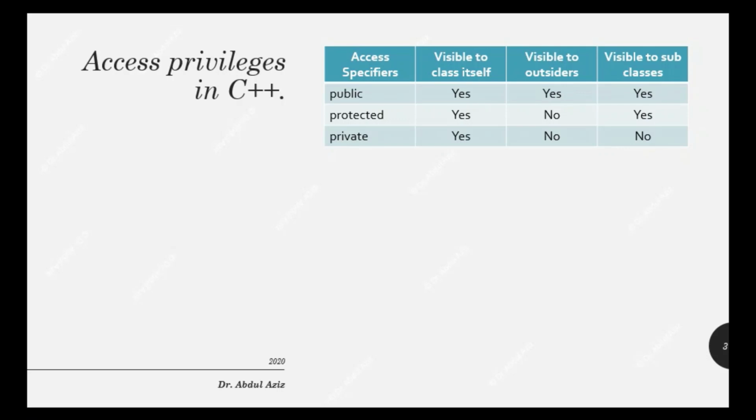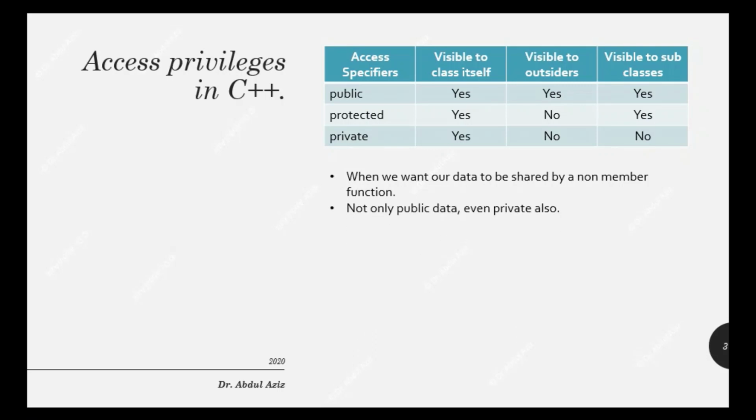But what if I want to share this data with some outside function? It can be a global function. So this function can access the private and the protected members of my class. Therefore, I can not only share the public data, I can even share the private data.